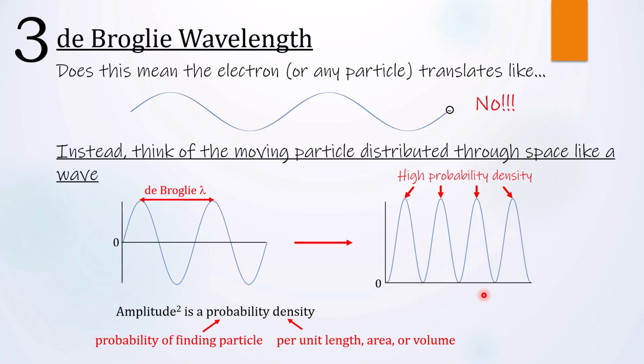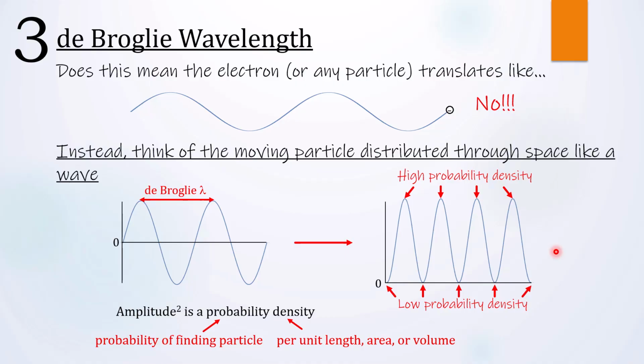Again, if this were my x dimension, these regions are where I have the highest probability of finding the electron, because my probability density is largest in these regions. However, in these regions, because that probability density goes to 0, my probability of finding that particle would be quite small.